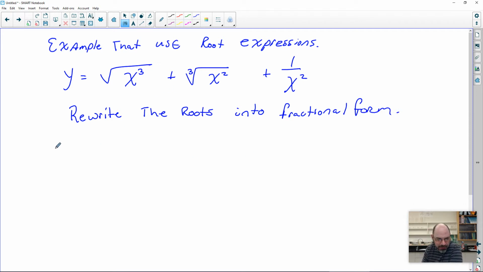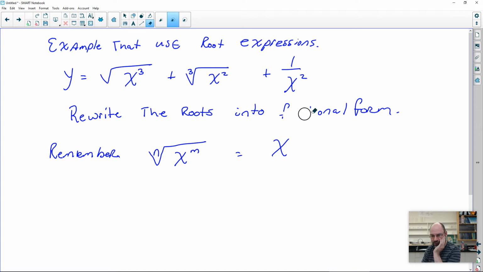So to remind ourselves, the marker's kind of weird today, it's kind of floating around a little bit. But anyways, if we remember, if you have the nth root of x to the power of m, this is equal to x to the power of, exponential form is what I should put there, not fractional form. Let's change that, sorry, because roots and exponents go together.